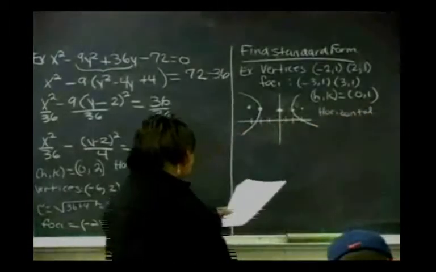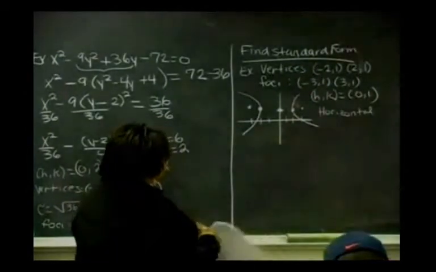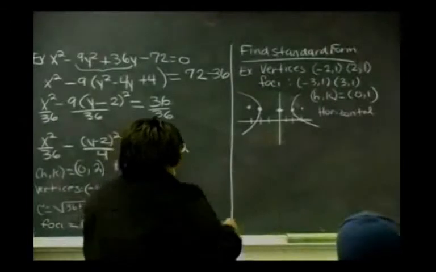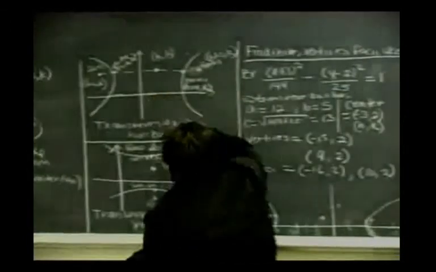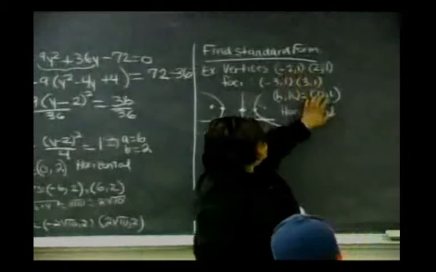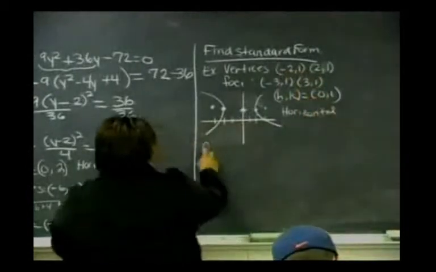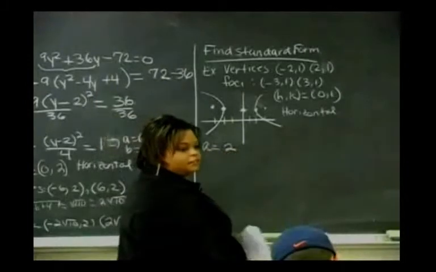Okay. Now we need to find A and B. Now we know that the vertices for this form are H minus A and H plus A. Well, H is 0, which means A is what? 2. Right?